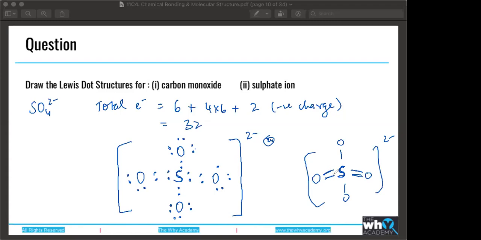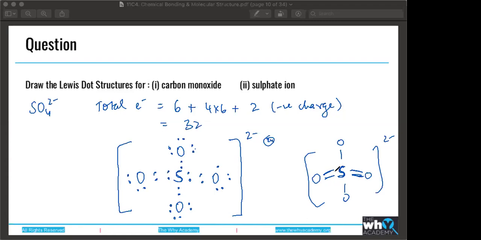I didn't get it because now sulfur has 12. So yeah, that's a very good point. That will take us to the next point. This is a point where the Lewis-Kossel model actually failed. This is a classic example of a place where an atom has more than 8 electrons.